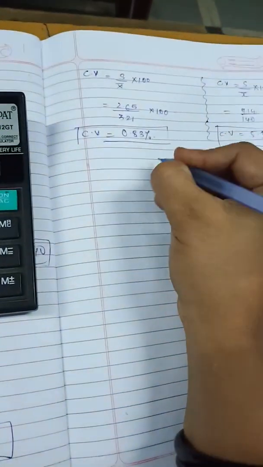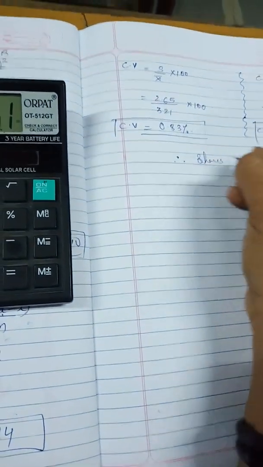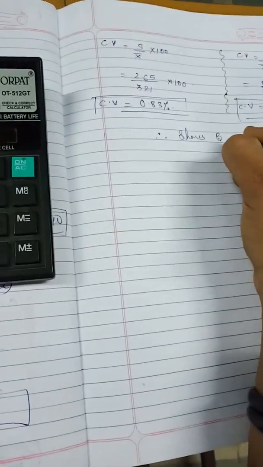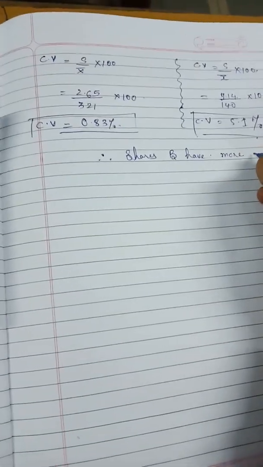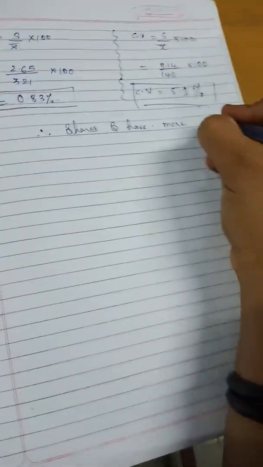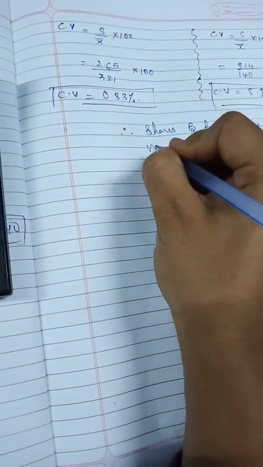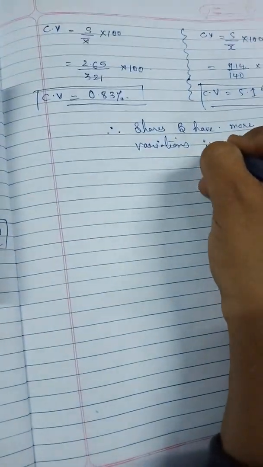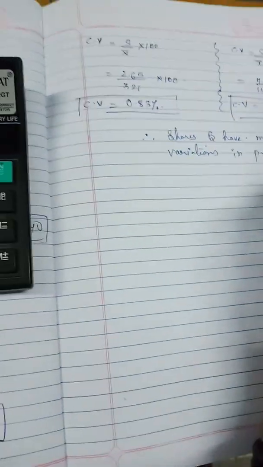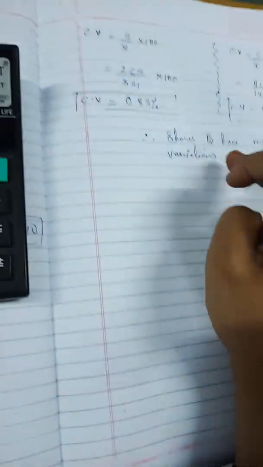B. So here, therefore, the statement you have to write: shares B have more relative variations in price. Okay, if you are not writing this, your half mark will be cancelled. So compulsorily write it. So this was sum number 1.